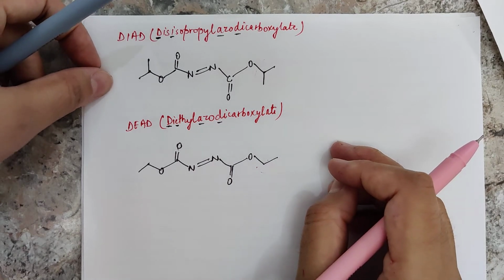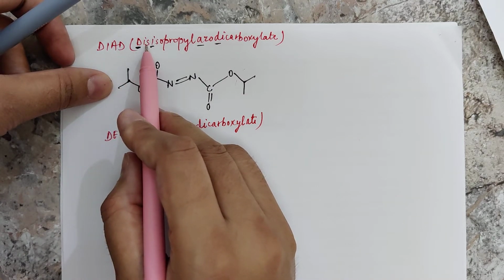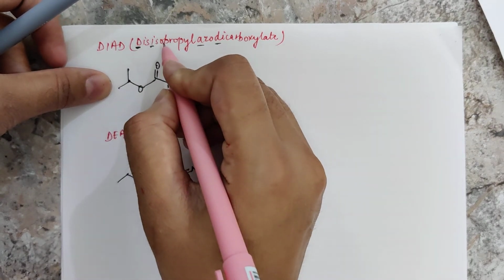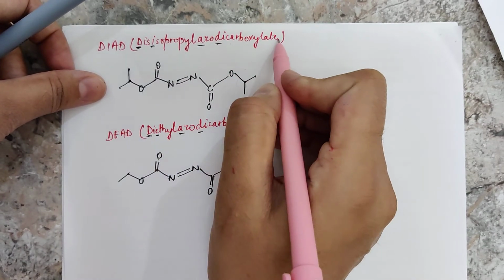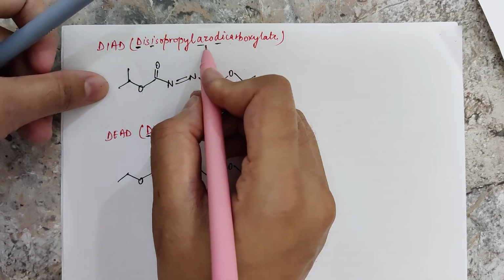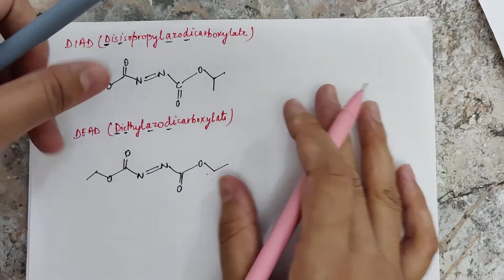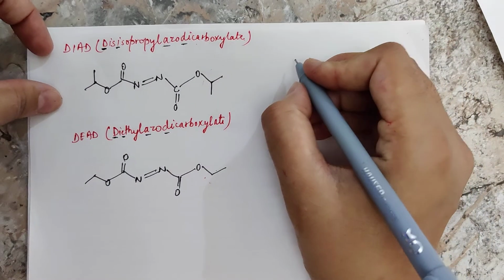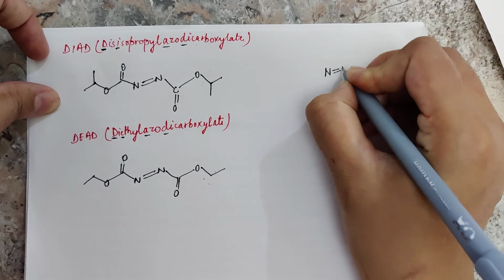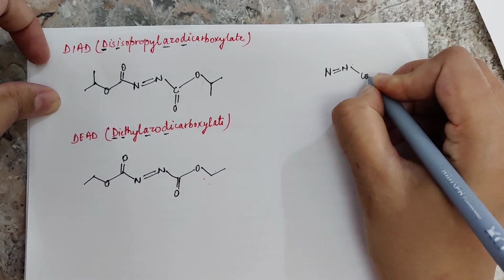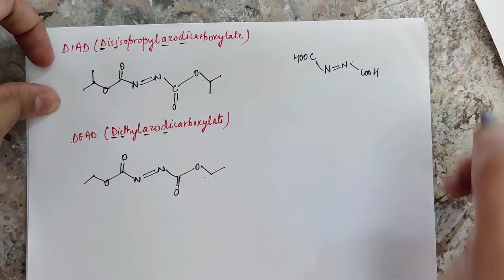Now, if we look at the structure, this is DIAD. Full form is diisopropyl azodicarboxylate. So if we write first azodicarboxylate or azodicarboxylic acid, so the structure will be this.